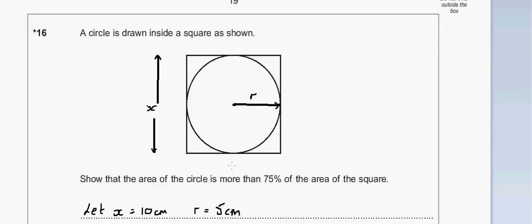Okay, so now what we need to do is work out the area of both. So the area of the square equals 10 times 10, which equals 100 centimeters squared.